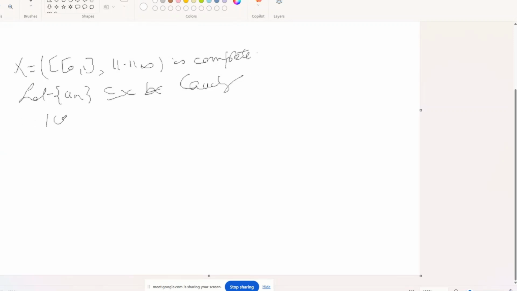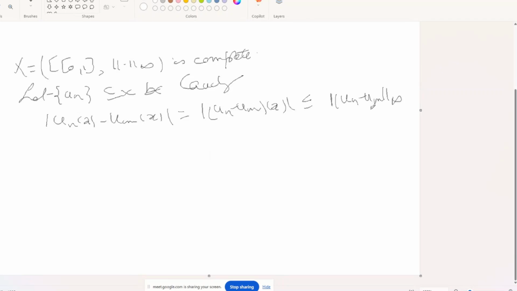So mod of u_n(x) minus u_m(x). By definition, this is nothing but mod of (u_n minus u_m) at x. Clear? These are not written in the notes. And that is less than or equal to its supremum. Therefore, norm of u_n minus u_m infinity.